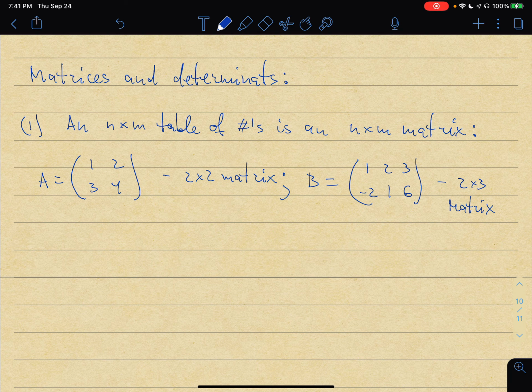And if I have, I don't know, D equal to minus 1, 1, 6, 0, 1, minus 1, 2, 3, 5, that is a 3 by 3 matrix. And so on. I can write a 10,000 by 50 matrix, whatever.